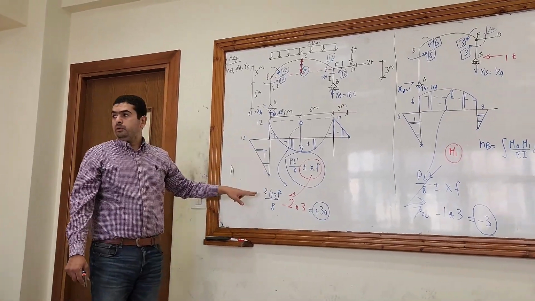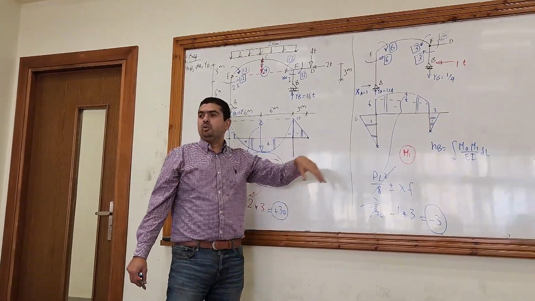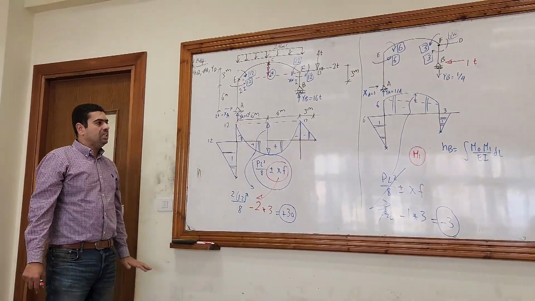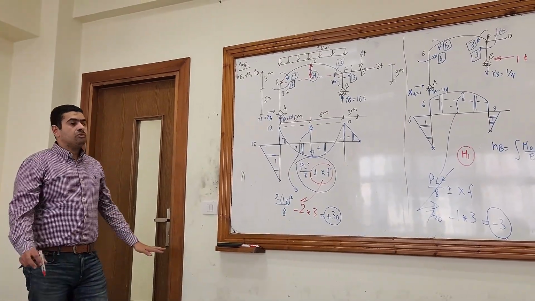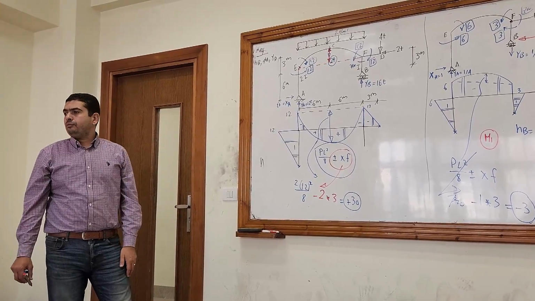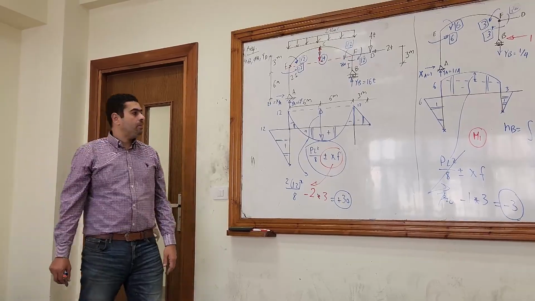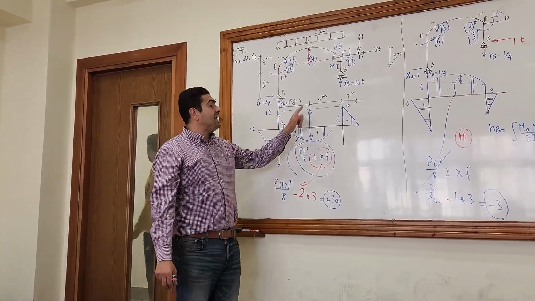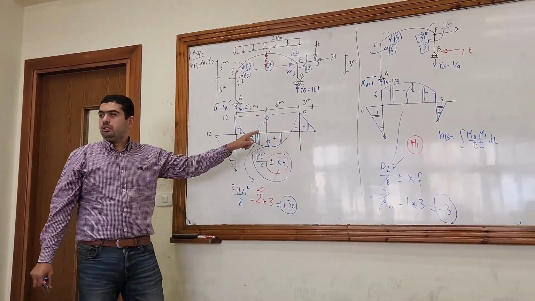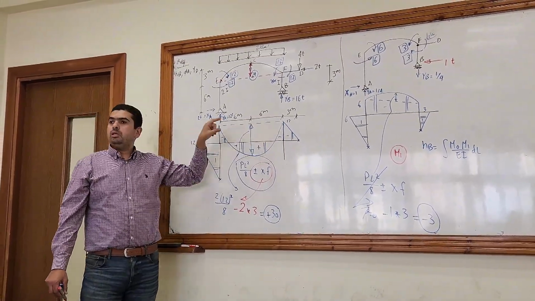The vertical member AE, which will be a triangle with a triangle, so linear with linear, and it's easy. Let's concentrate now on the other member, which is EF. How many integrations do I have? First, I have here a rectangle, which is a linear shape, with a subtracted parabola.